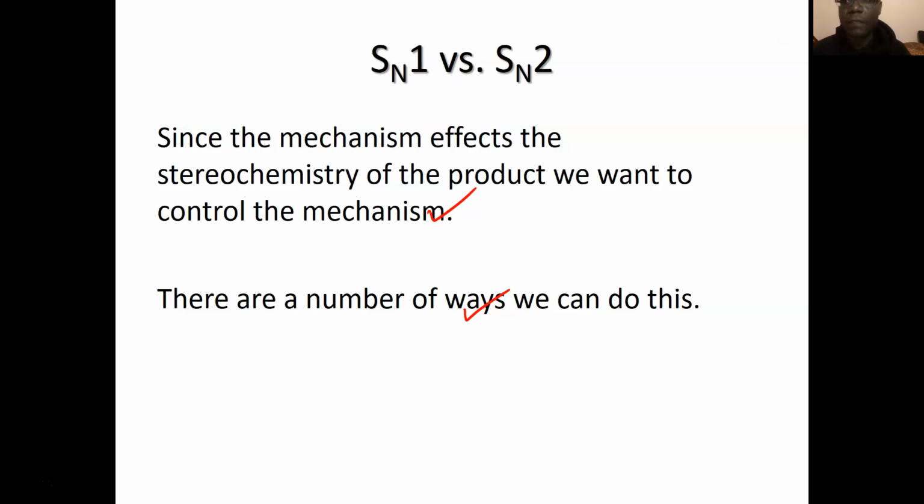So if there is a way to favor one over the other, that's what us organic chemists like doing, because if you don't do that, there's going to be a lot of mixtures in your products after the reaction, which gives you a very hard time to separate and gives you a miserable life. So what are the factors that are used or changed to favor SN1 over SN2?